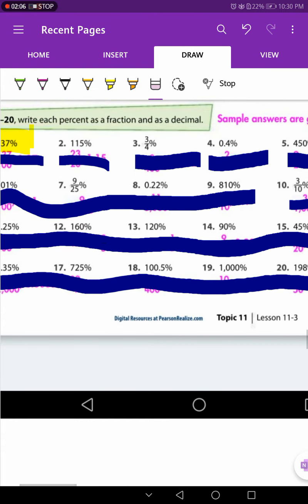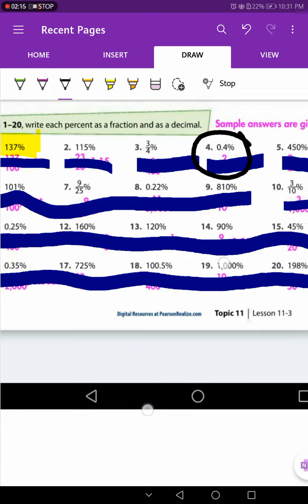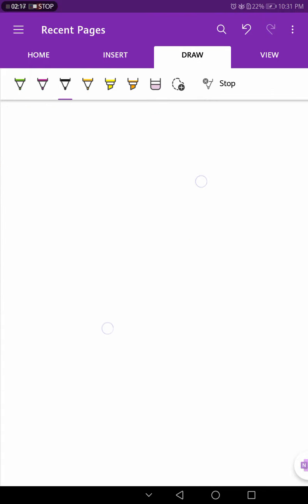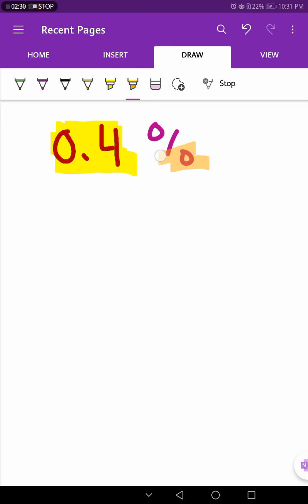Okay, I will select number 4, then number 3. It is 0.4 percent, or 4/10. Again, as we said, any number here is over 100 because of this sign.